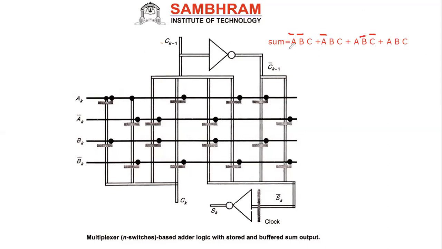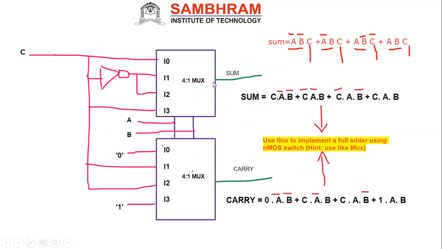Now what you need to do: AB is nothing but your control signal. This will be your control signal, and this will be your input. C is your input in the sum. So in the sum I got two C bar terms, right?